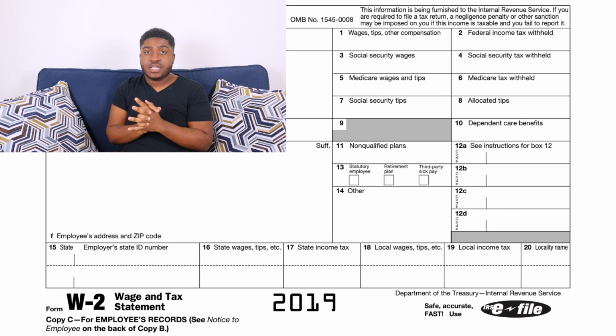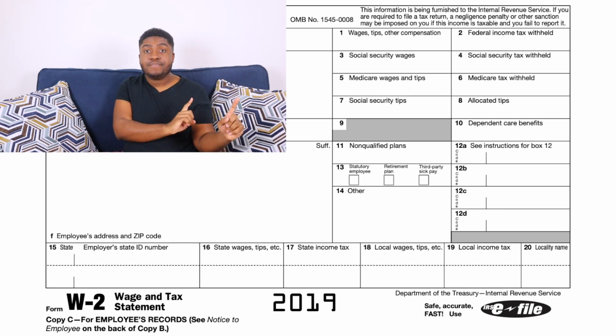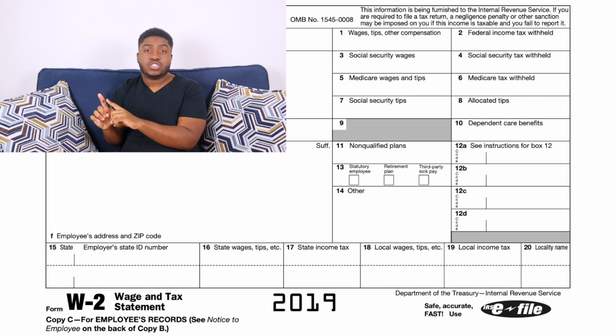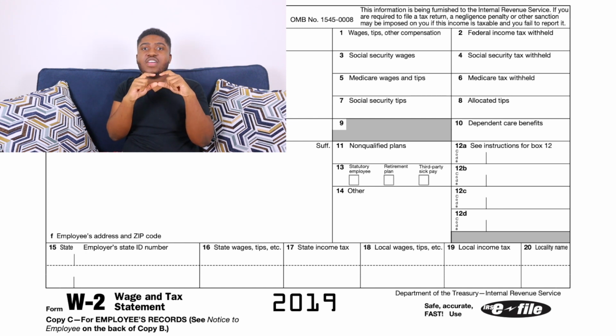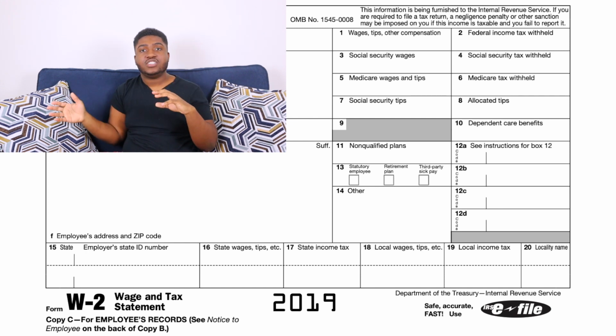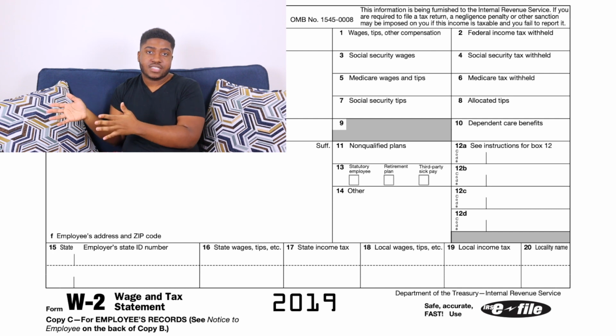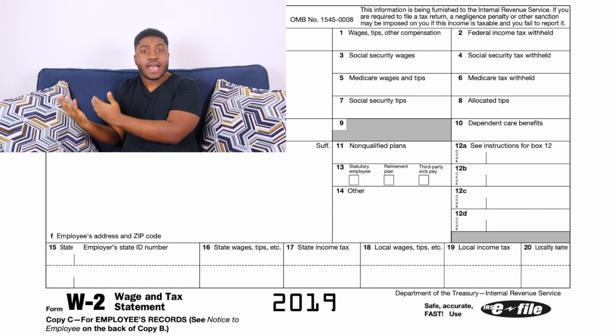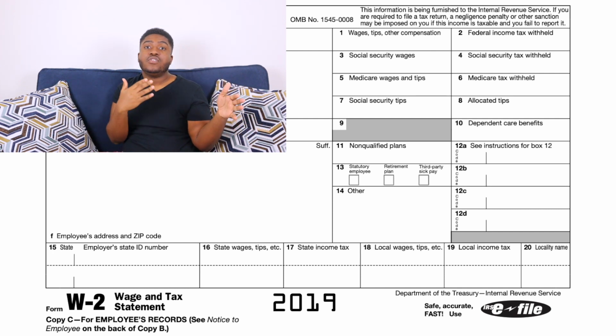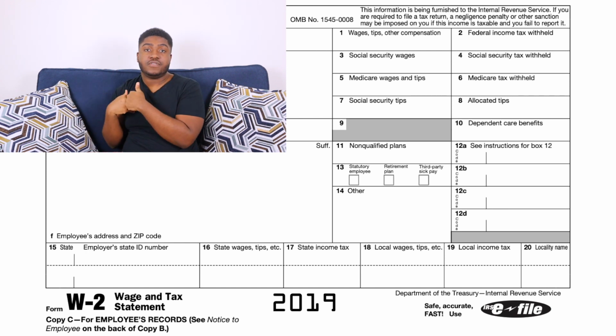And that C represents the amount that was added to my taxable income for my group term life insurance that is over $50,000. So in my case for this year, box 12A reflects a C, and then right next to it, it has $30 listed, because that is the amount that was added into my taxable income for my group term life insurance that my employer offers to all of the employees.